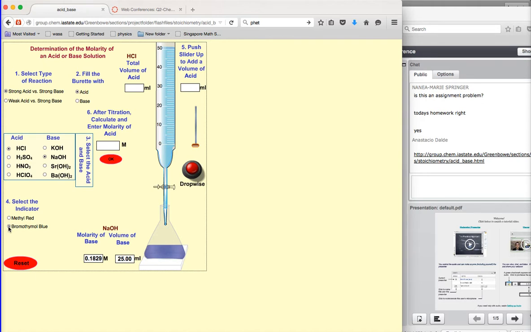And what the indicator does is it tells me exactly when they're balanced. Because as I add, if I have NaOH, and as I add more hydrochloric acid, what will happen?